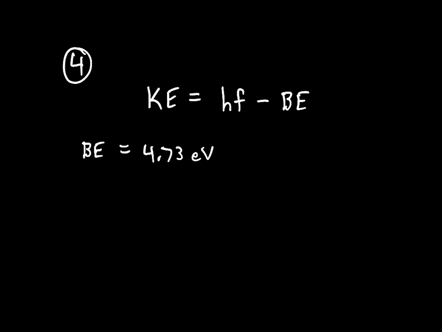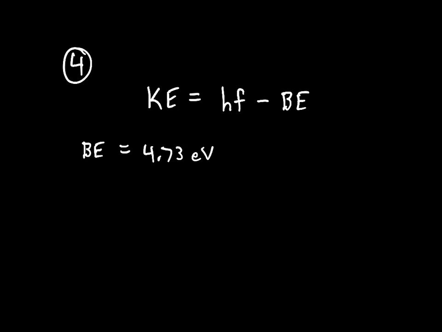So if I'm ejecting photoelectrons from some kind of metal, what kind of equation am I going to want to use here? What is this talking about? Kinetic energy of a photoelectron. So that's kinetic energy. What is that equal to? H times F minus the binding energy. And they gave us that the binding energy in this situation is equal to 4.73 electron volts.